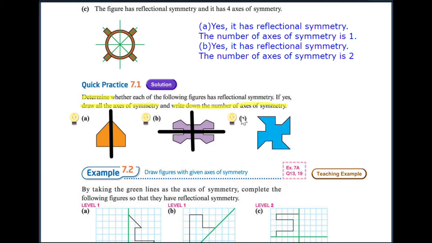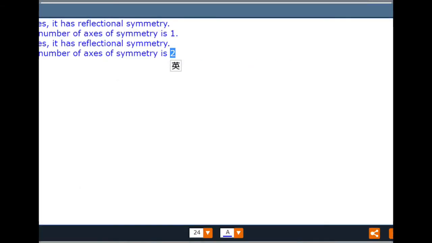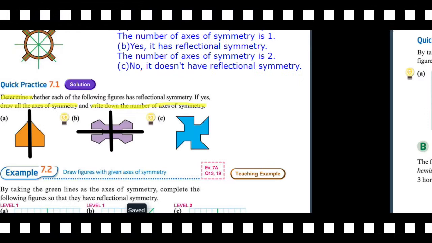So, in this question C, you can't draw any axis of symmetry, and what you can do is just tell the others that, in part C, no, it doesn't have reflectional symmetry like this.